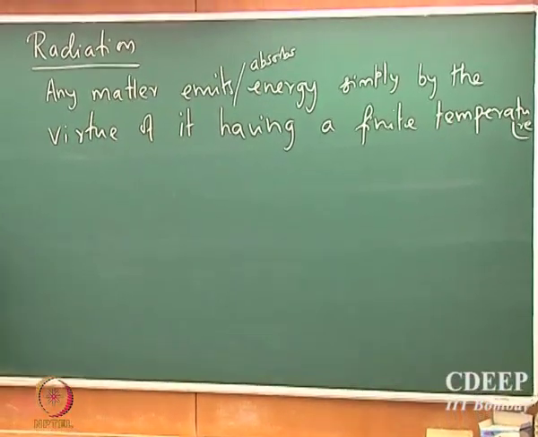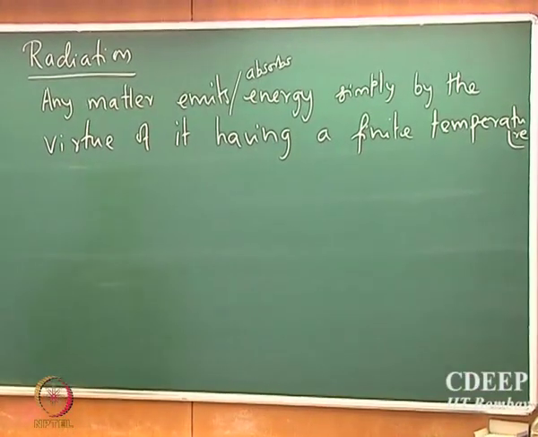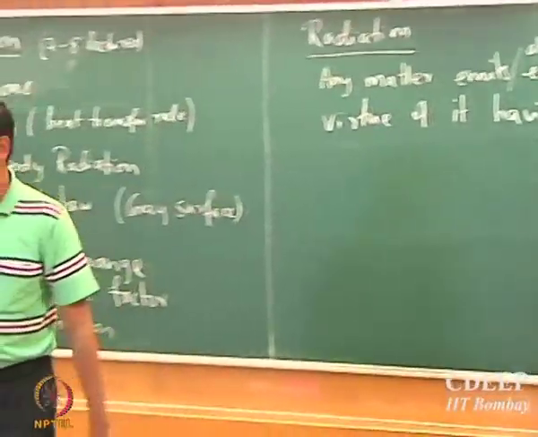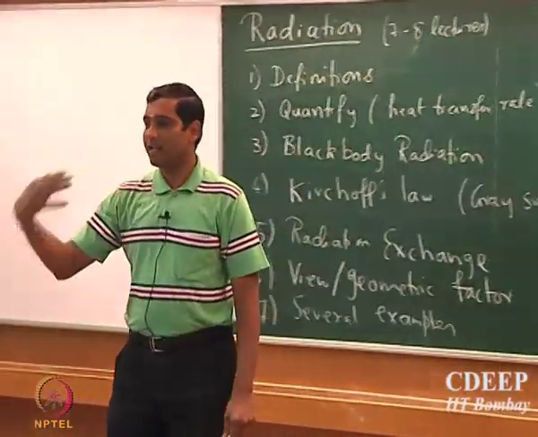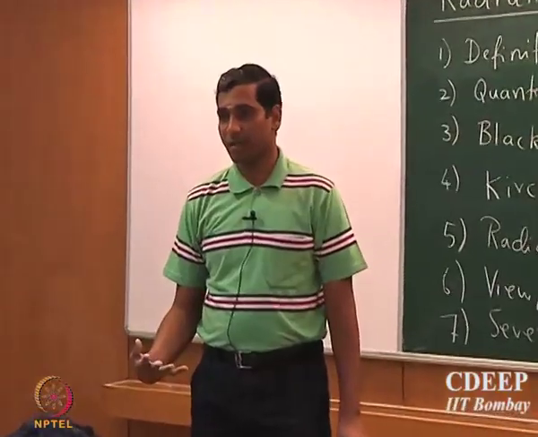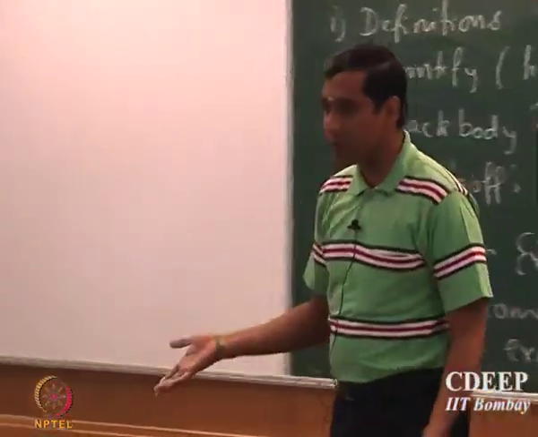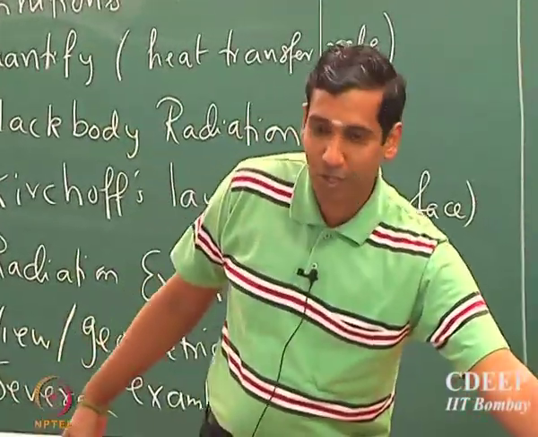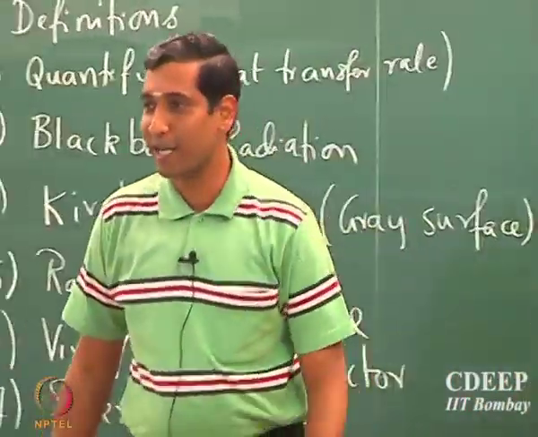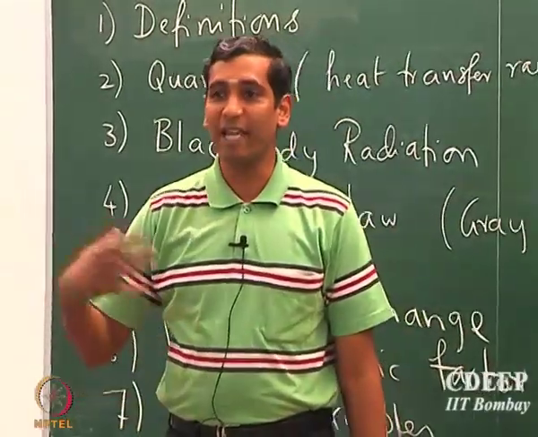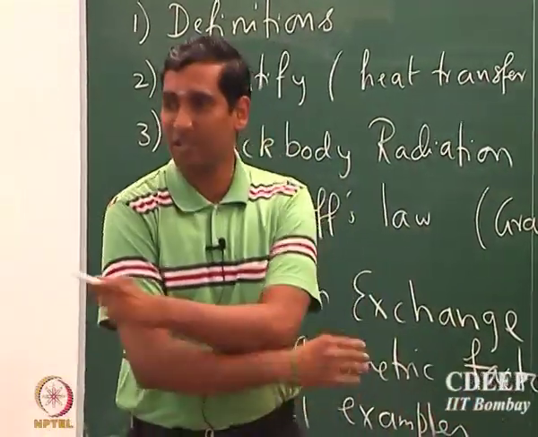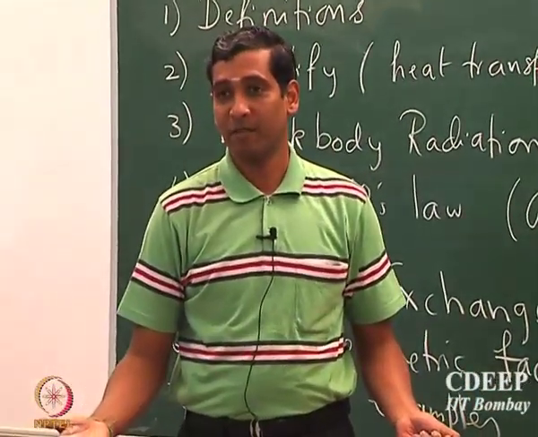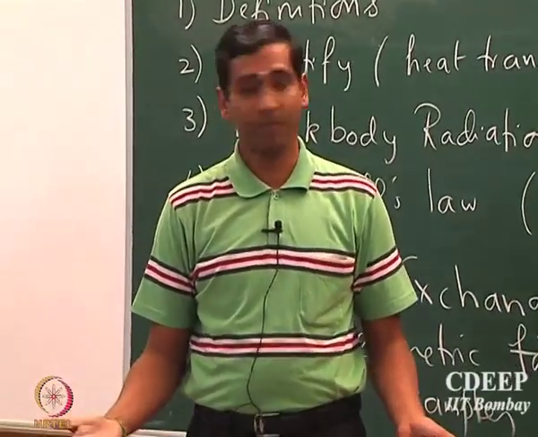Okay. The fact that it has a certain temperature means it has certain energy stored in it, and therefore it is exchanging radiation. In fact, every object in this room is emitting radiation. Blackboard, this bench, etc. Everything is emitting radiation. And it's not just that it is emitting radiation, it is actually exchanging radiation with itself and with all the objects which are present here.